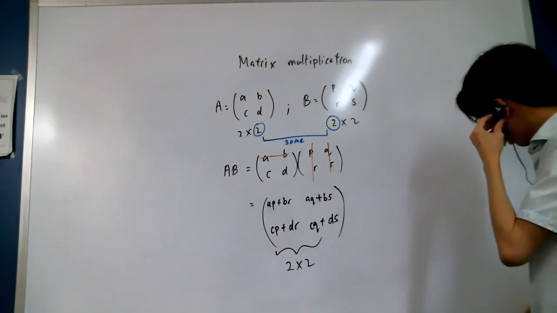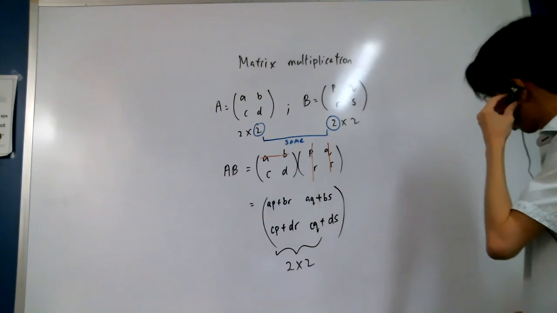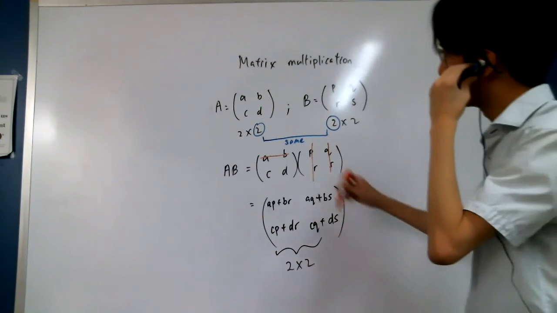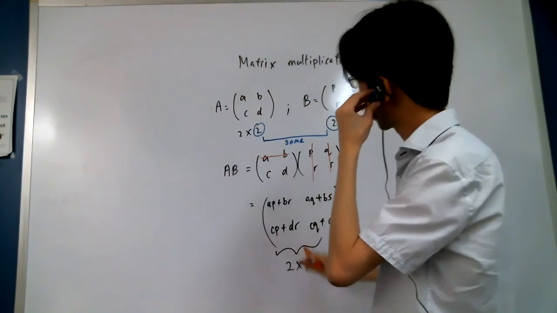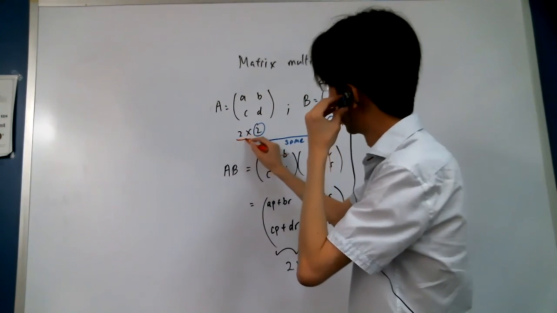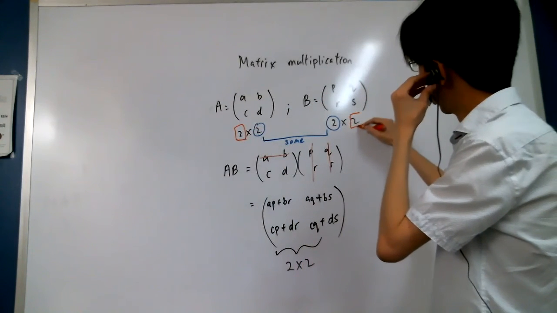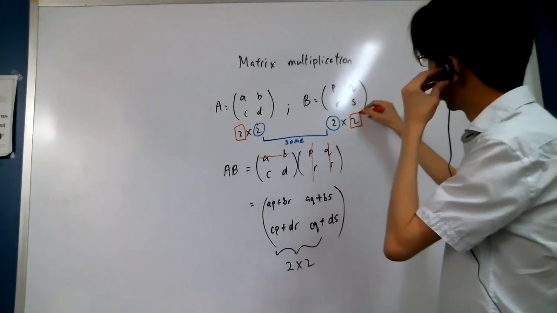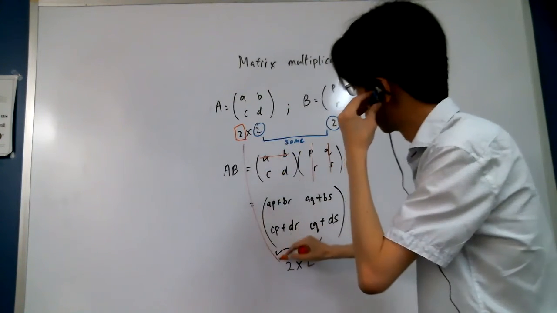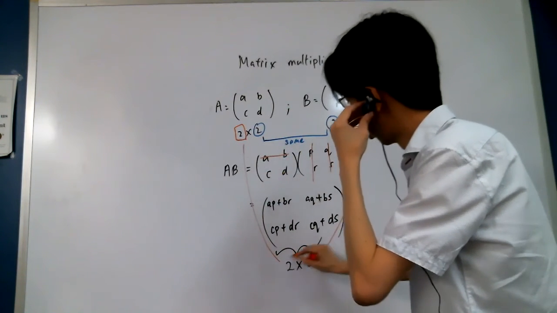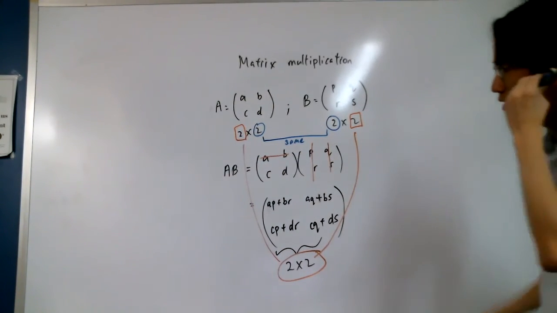And if you take a look at what is written above for the order for matrix A and B, you can see that the resultant matrix order is simply the rows of the first matrix and the columns of the second matrix. So from here, you will get the order of the resultant matrix.